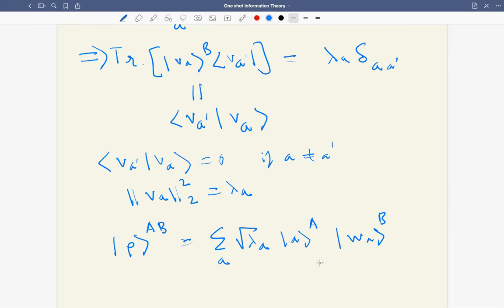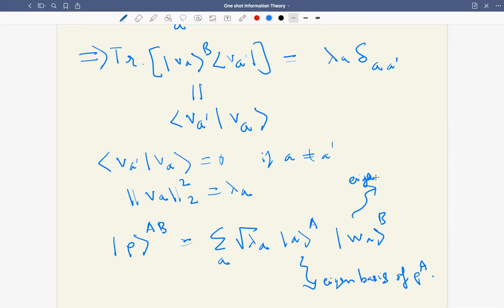This is the eigenbasis of rho A. And now you can check that the W are an orthonormal family, and that this is automatically the eigenbasis of rho B, for the same reason.